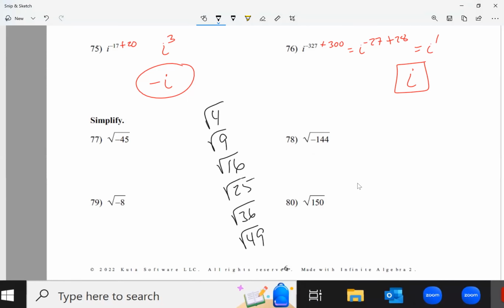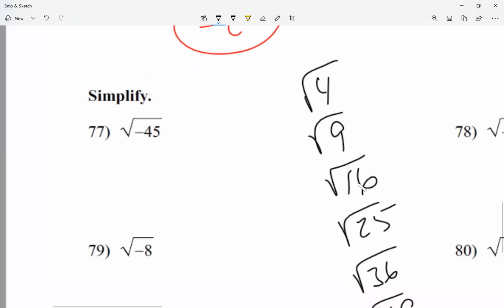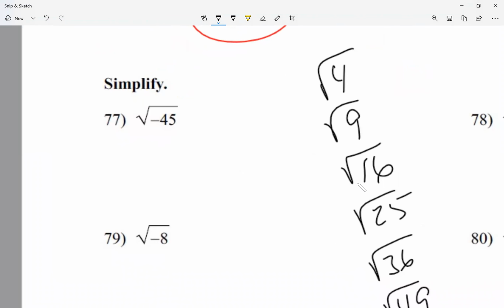For the square root of 4, I'm looking at which number multiplied by itself is equal to 4. So the square root of 4 is 2, the square root of 9 is 3, the square root of 16 is 4. Perfect squares are nice, but what about the square root of 45? Or even more, what's the square root of negative 45? First of all, the cool thing is that radicals we can split up.